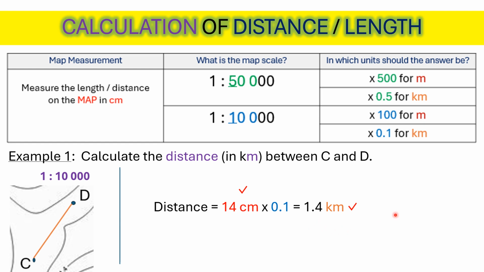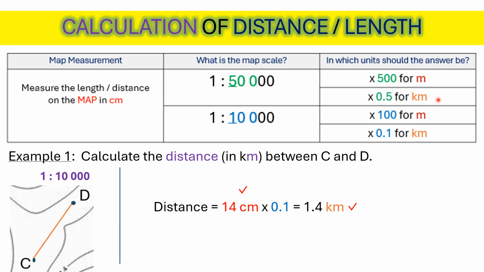In summary, if we look at the 1:50,000, when I want my answer to be in meters, I'm going to multiply by 500. If I'm working with a 1:10,000 scale, if I want my answer to be in meters, I'm going to multiply by 100.